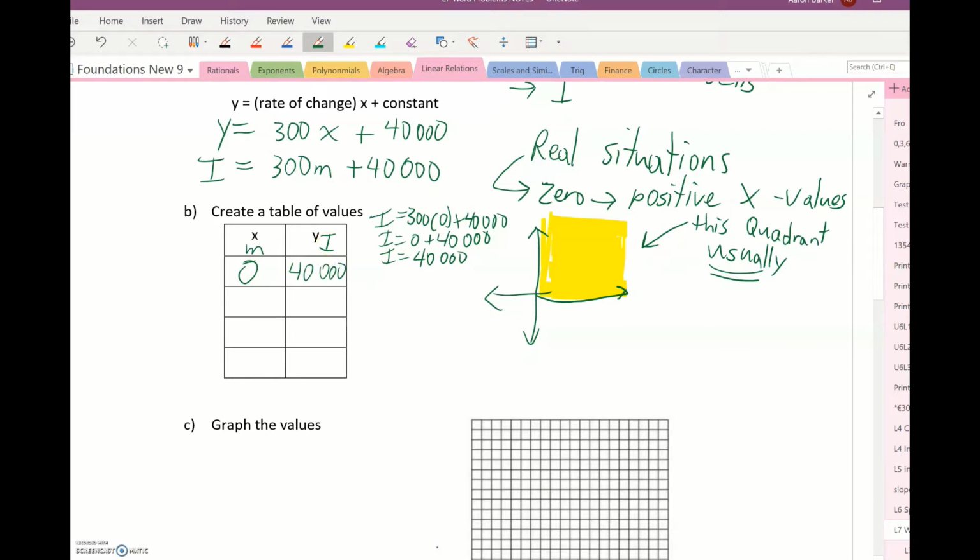Okay, now you're not going to just go 40, typically someone doesn't sell 1 machine or 2 machines. They're probably going to sell a certain amount of volume. So we can maybe graph different numbers than just 0, 1, 2, because he's going to sell a lot more than that. So we have to use some realistic numbers.